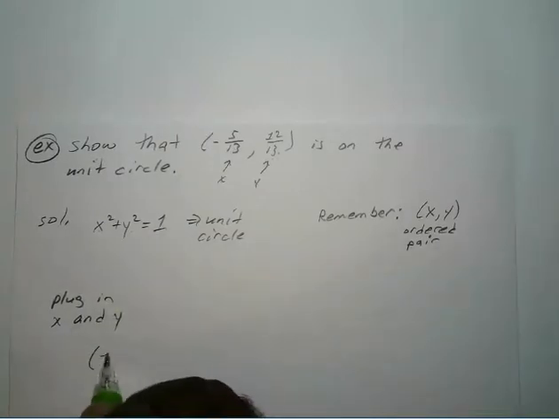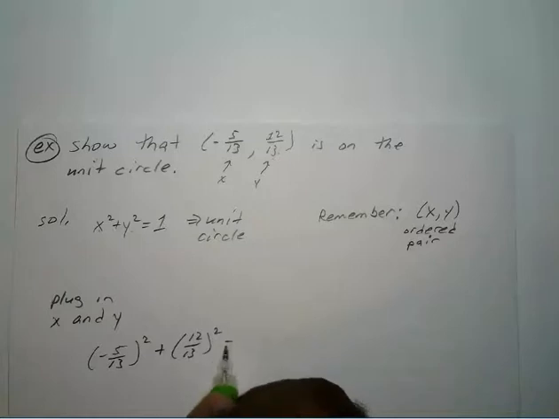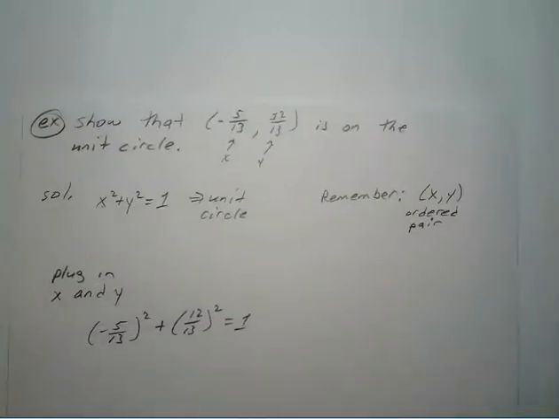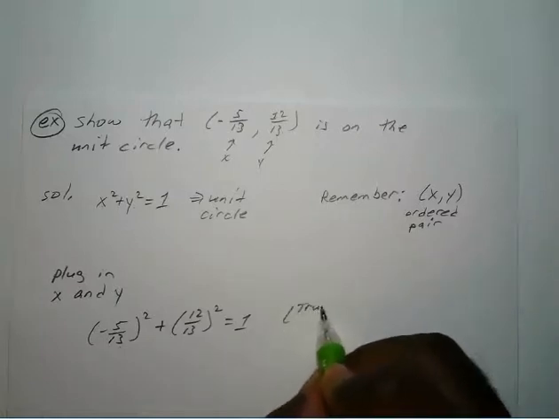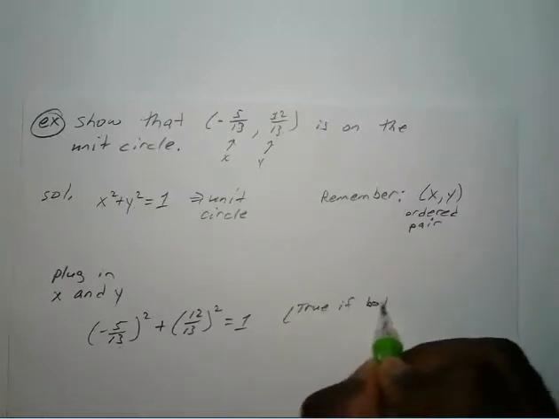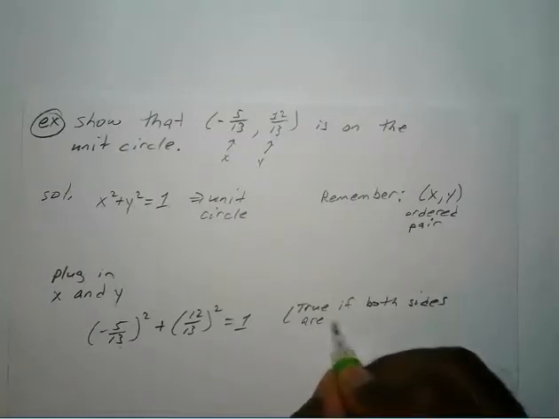So that gives you negative 5 over 13 squared plus 12 over 13 squared equals 1. So if this side equals 1, to match this side, we know it's true. True if both sides are equal.